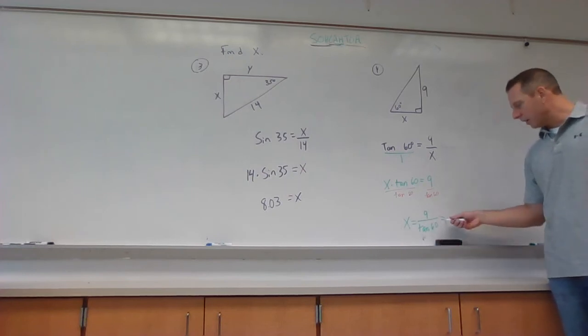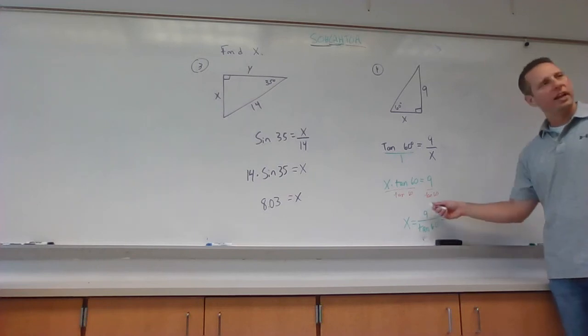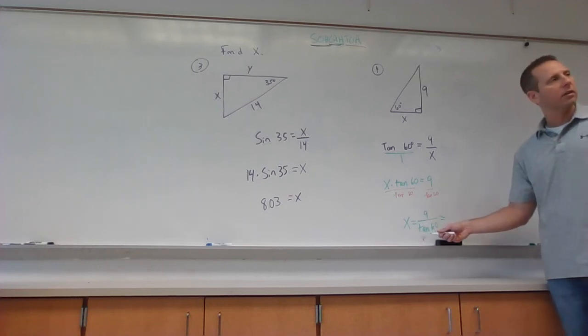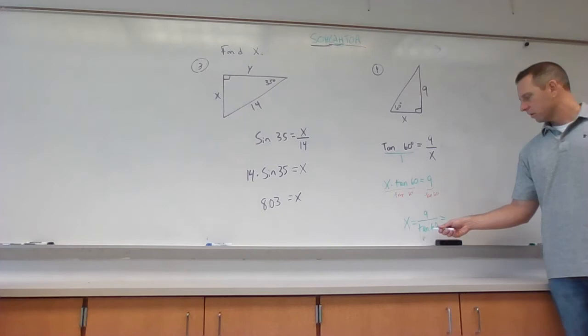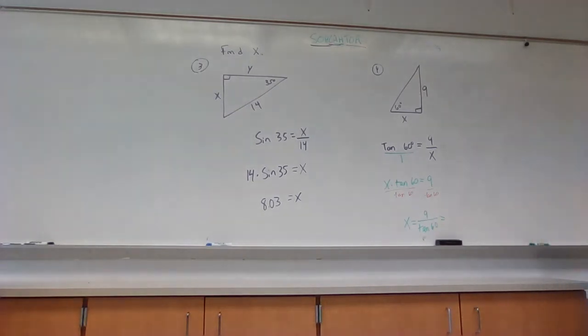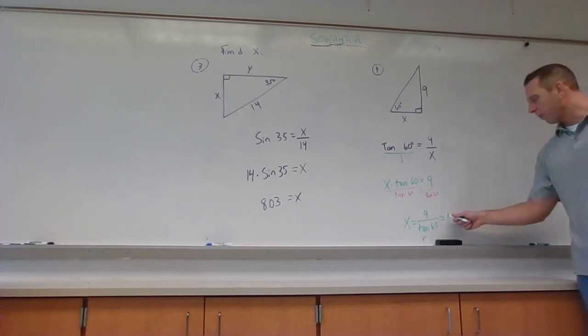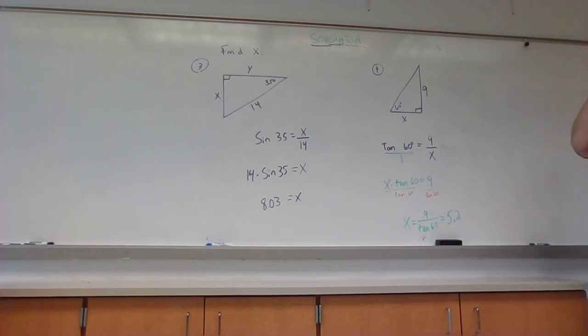Now, in our calculator, we can punch this in exactly how it looks. What's 9 divided by tangent 60? 5.19, so approximately 5.2. What happens if we hit 3 square root of 3 and hit enter in our calculator?